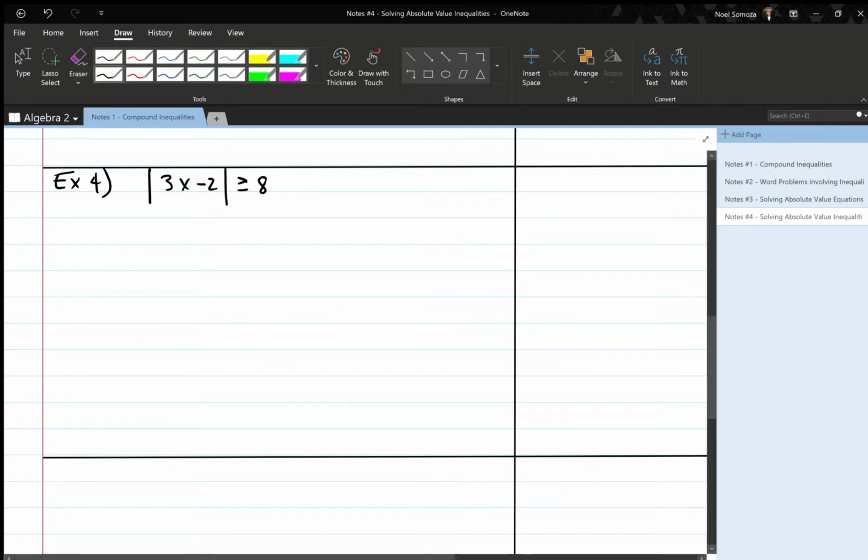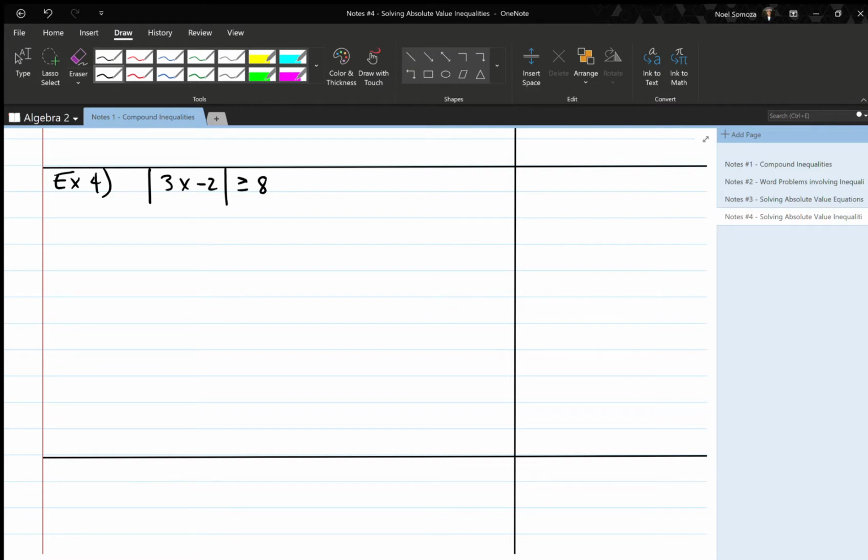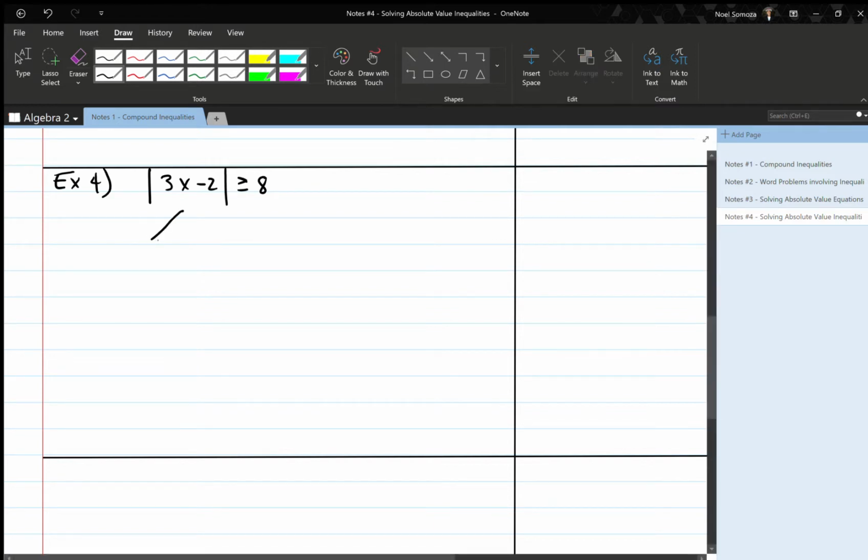Okay? All right. So from here, here's what happens. OR inequalities split into two. The first one, very similar to equations, is the original. It's the OG. So we keep this: 3x minus 2 is greater than or equal to 8. So we're going to split into two inequalities.